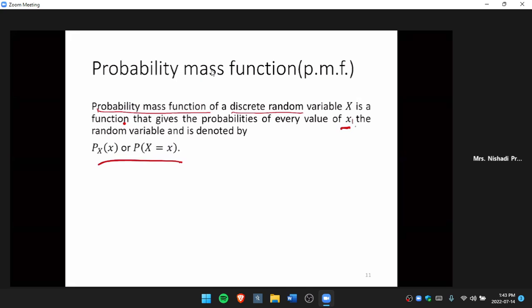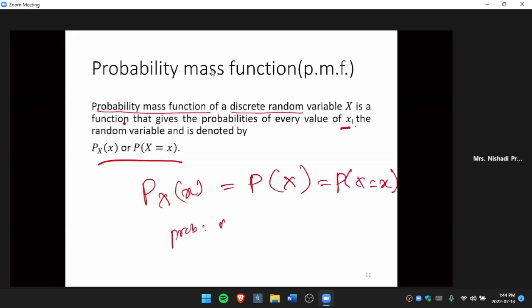Which means the probability mass function of a discrete random variable X is a function which gives the probabilities of every value of the random variable X. Understand? And it is denoted by p_X(x), or we can write just p(x), or we can write P(X = x) like this.